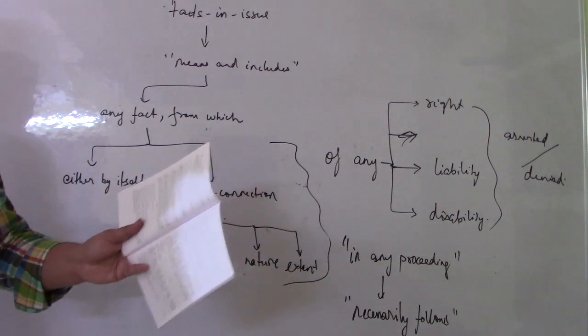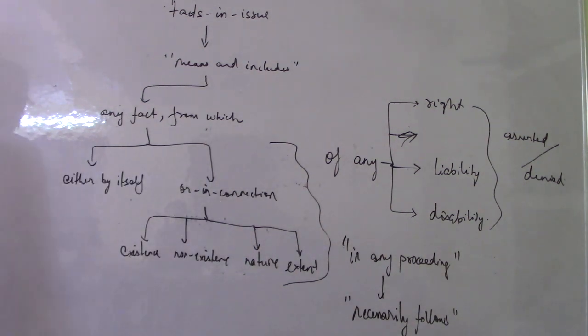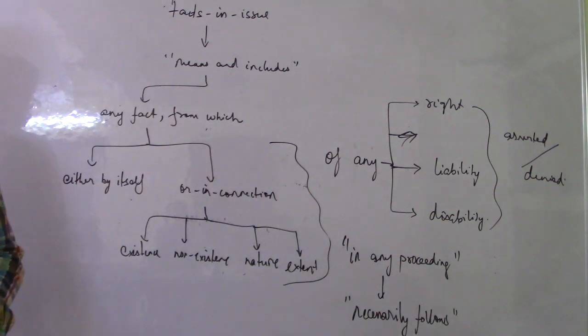But when, let us say, through a thorough DNA examination, it is determined that in fact this person has killed this person, then that becomes the determination of a fact in issue. Because the moment that is determined, it will be held that the person has committed a crime, right?